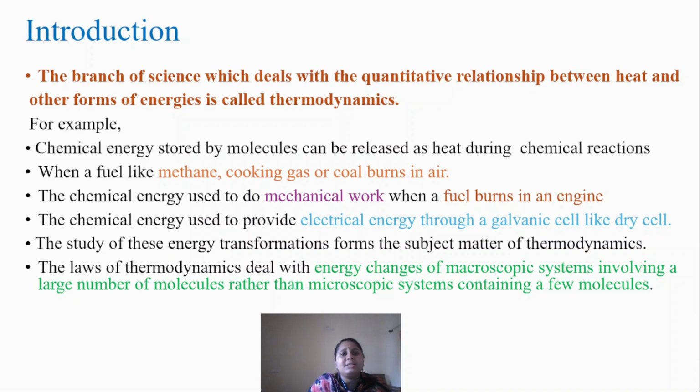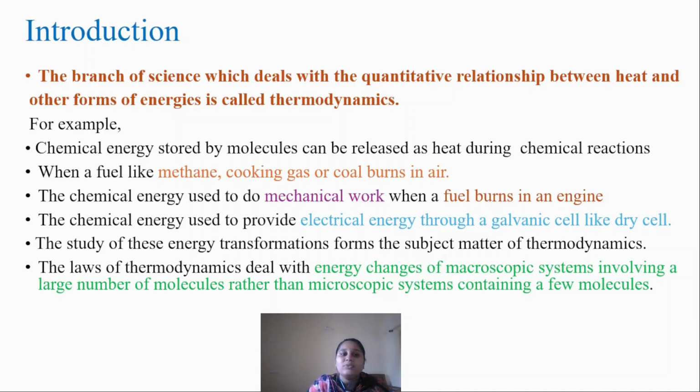The chemical energy is used to do mechanical work when a fuel burns in an engine, and the chemical energy is used to provide electrical energy through a galvanic cell, called the dry cell. The study of these energy transformations forms the subject matter of thermodynamics.